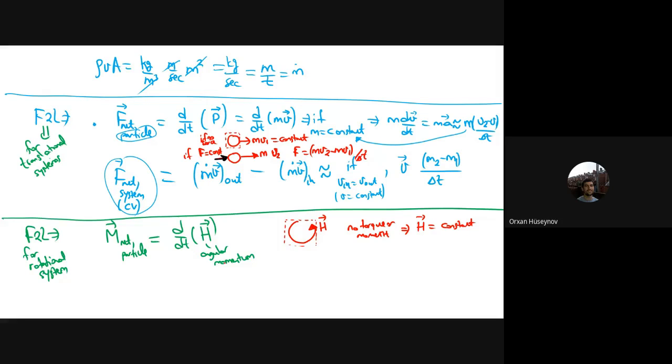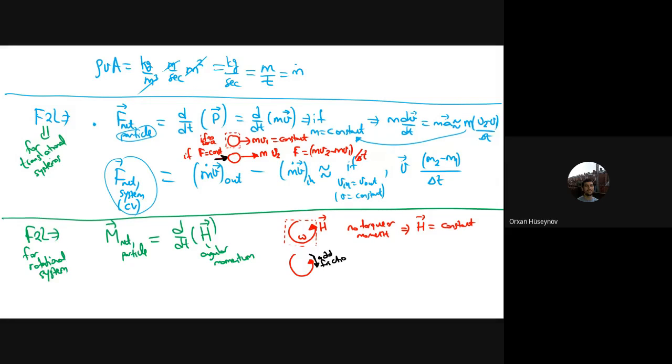But if I add torque on that system, say I'm trying to stop its motion by my hands, this one rotates again with a speed of omega, but I add friction here.